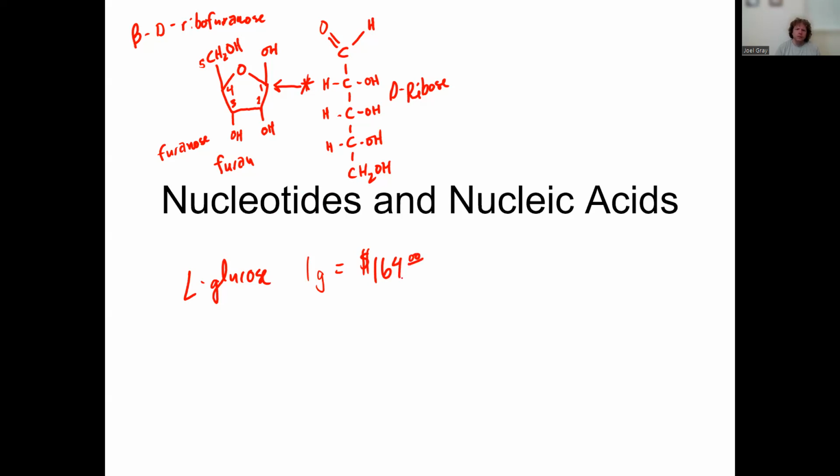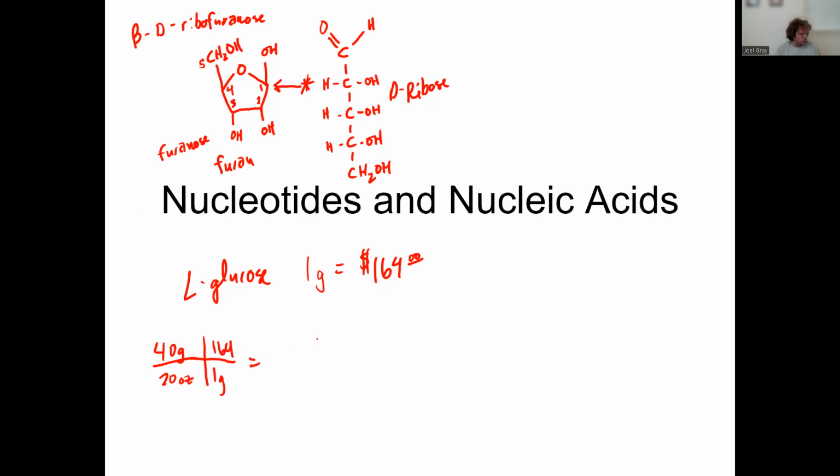Now, if you think about a Dr Pepper or something like that, I think it's about 40 grams in 20 ounces. So your bottle of Dr Pepper is 40 grams of sugar. It's actually fructose, but let's just say for this you'd be sweetened with glucose. Well, you have 40 grams of it. 1 gram is $164.